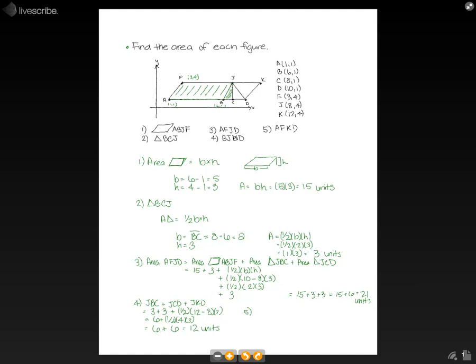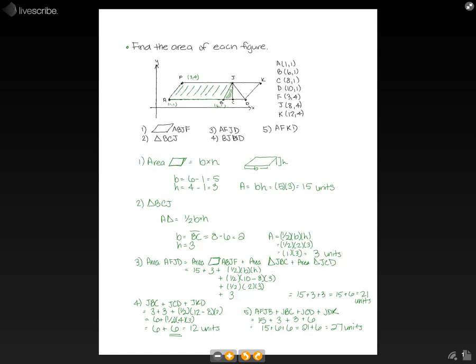So this area is going to be AFJB plus JBC plus JCD plus JDK, which is 15 units plus 3 units plus 3 units for JCD, and then plus 6 units from the JDK, which we got from over here, which means we're going to have 15 plus 6 plus 6, which is 21 plus 6, or 27 units.